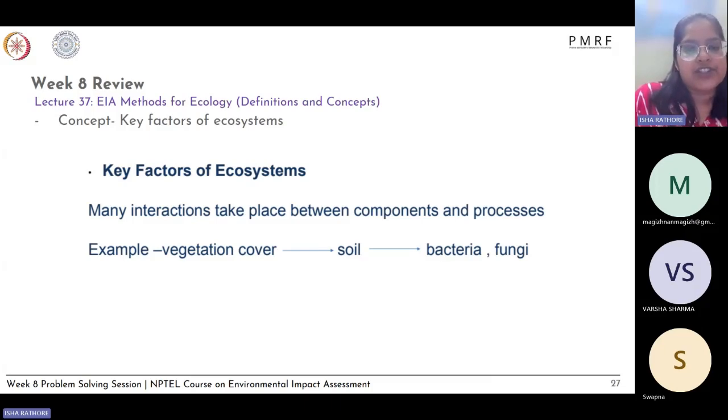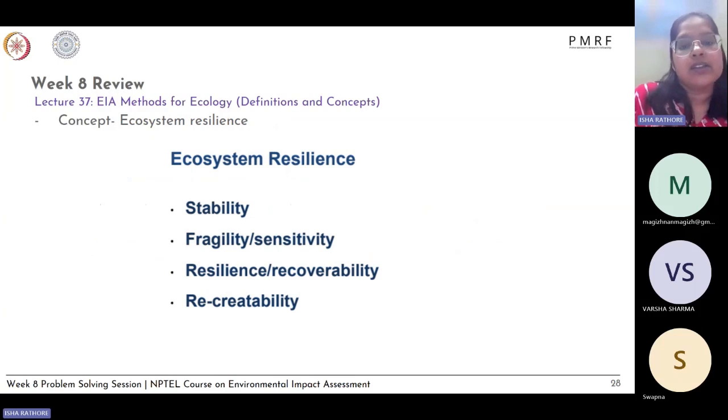For example, your vegetation cover is dependent on the soil, which is dependent on the bacteria and fungi as well. So these kinds of interactions are there. This is the key balance which we talk about for ecosystems. Then we measure ecosystem resilience in terms of stability, fragility, or sensitivity, the resilience or recoverability, and recreatability.